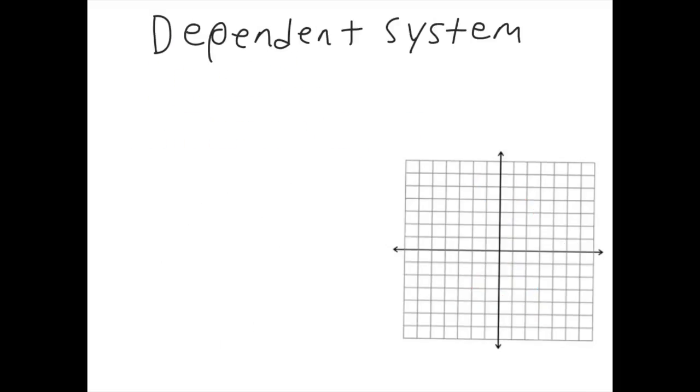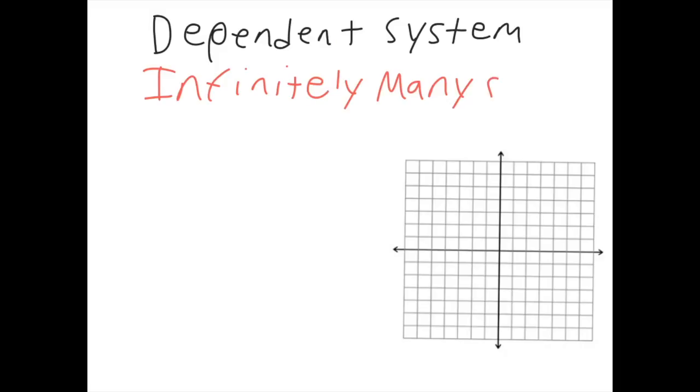A dependent system has infinitely many solutions. The reason for this is that in a dependent system, both equations are the same line.